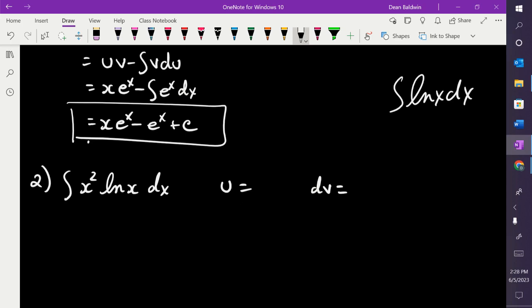You know how to do the derivative of the natural log. You can actually do it using integration by parts, but we're not going to, okay? So if you have a natural log in there, the odds of it being dv are almost 0, okay? So u is going to be the natural log, and dv is going to be x squared dx.